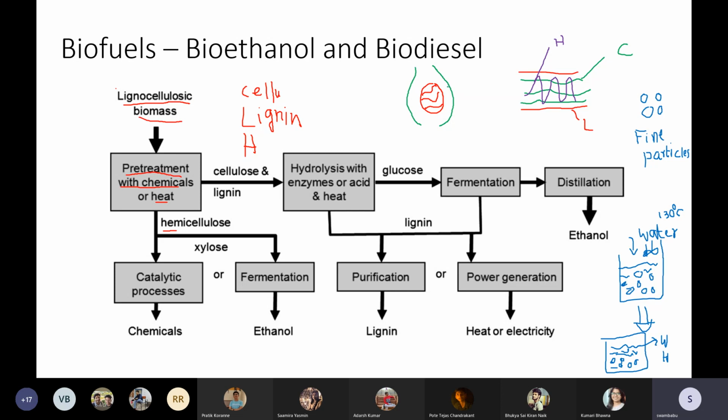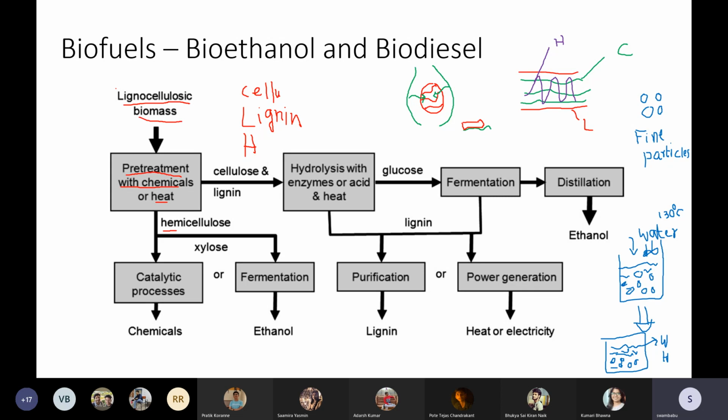What will happen is water will diffuse. So this is the water molecule, and these are the pores of the wood.